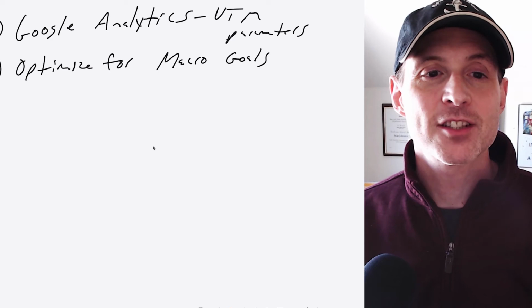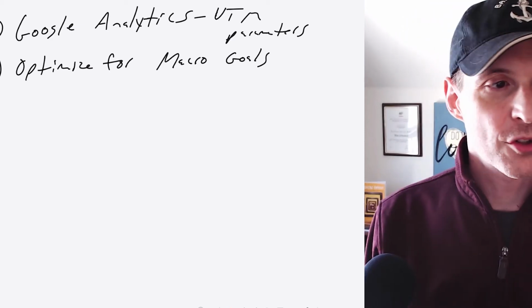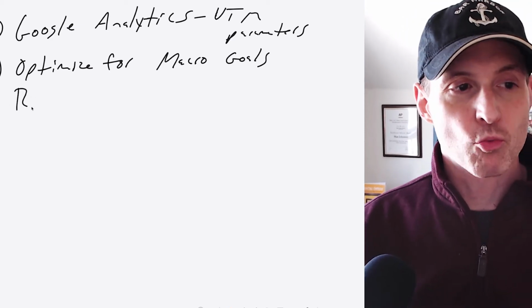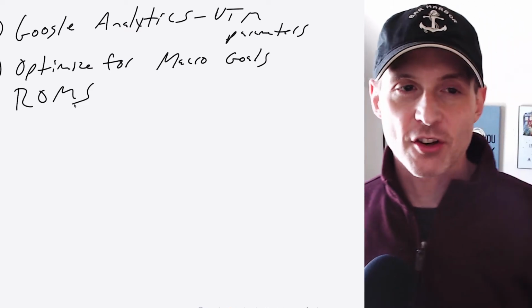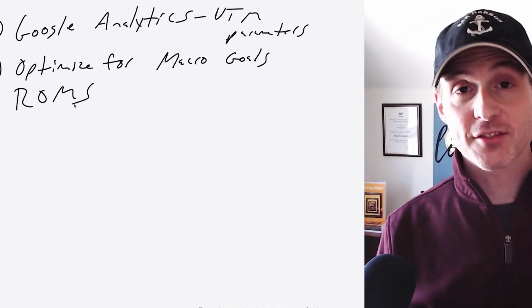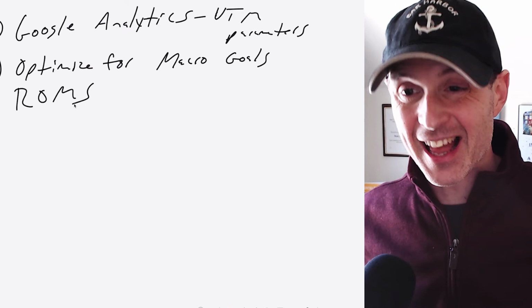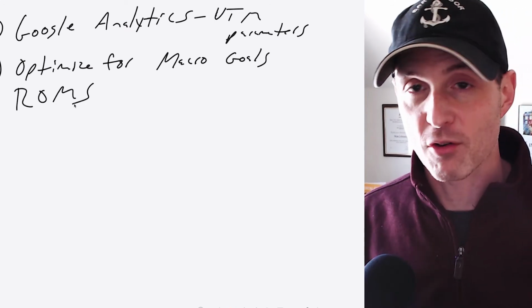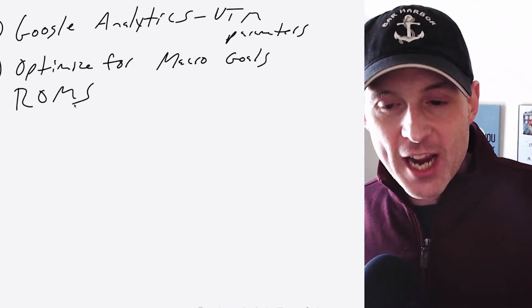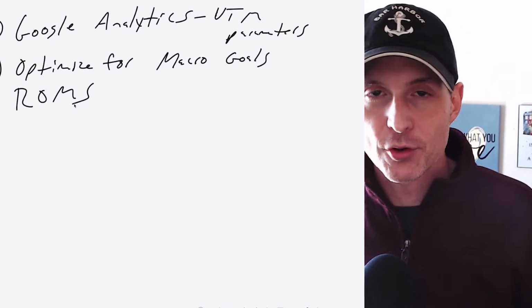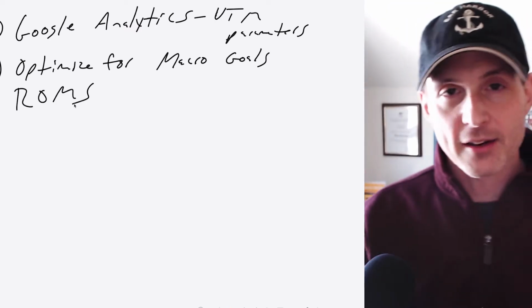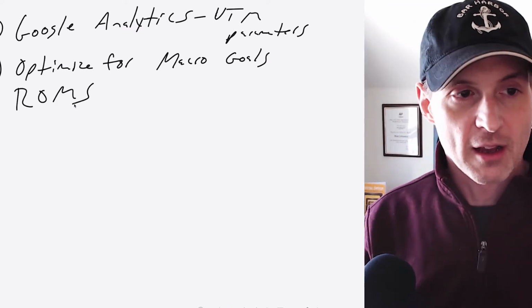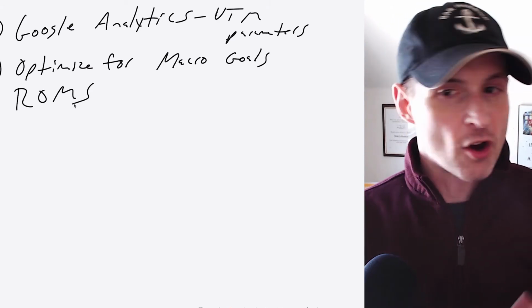But optimize for macro goals, which sort of goes into number 3, which is ROMs, which is what we're going to start doing in the agency. So as of today, I am going to stop reporting on Facebook ads ROAS. It's already been deprecated, and as soon as this update rolls out in early spring, which is probably a month away or so, all the data is going to be gone.